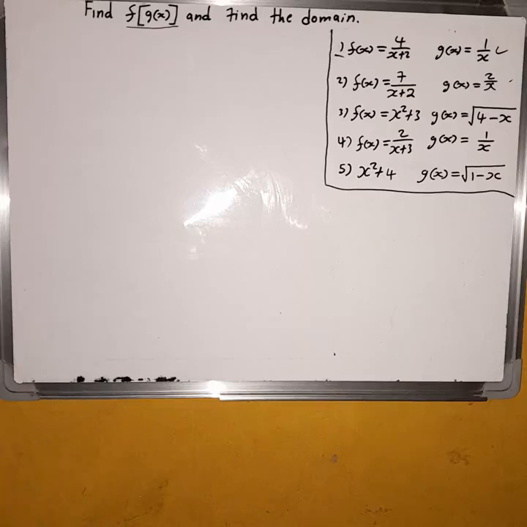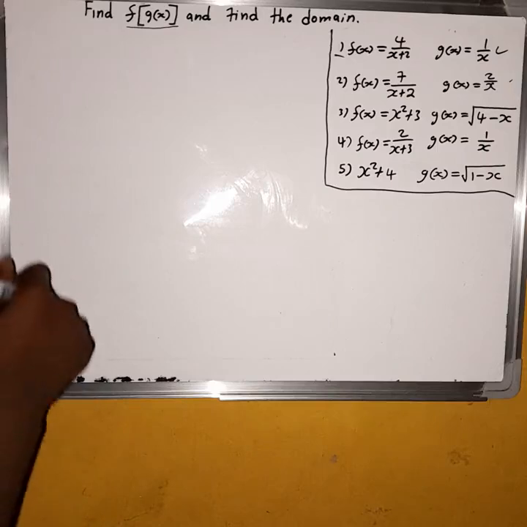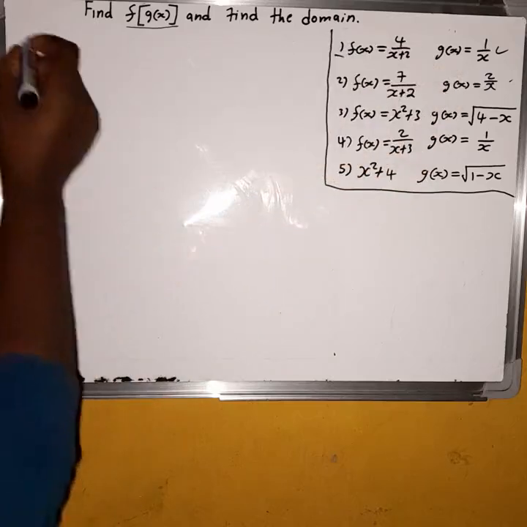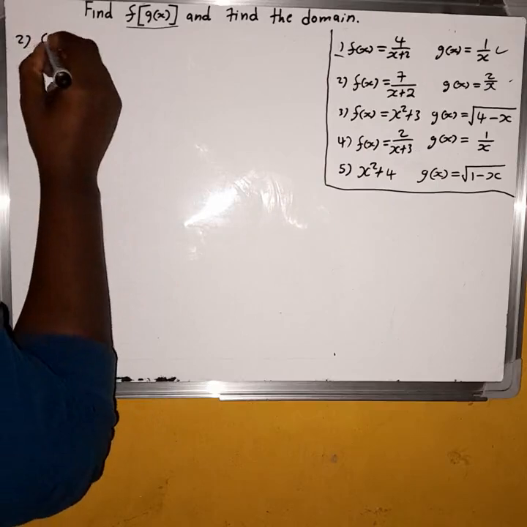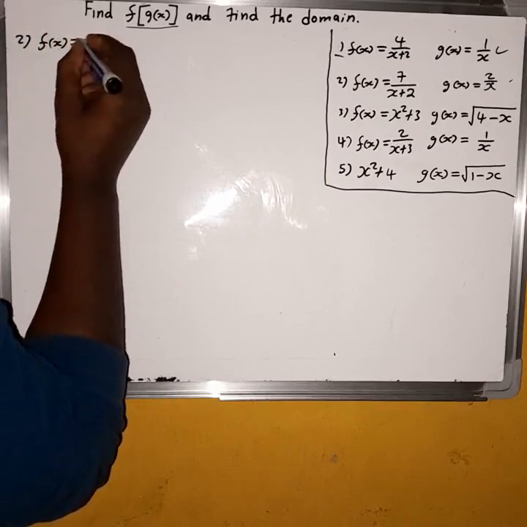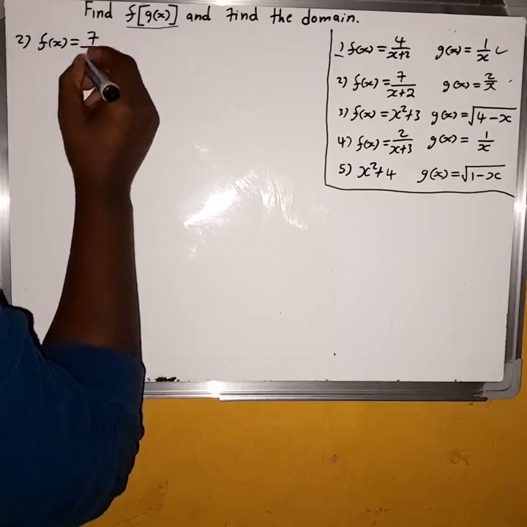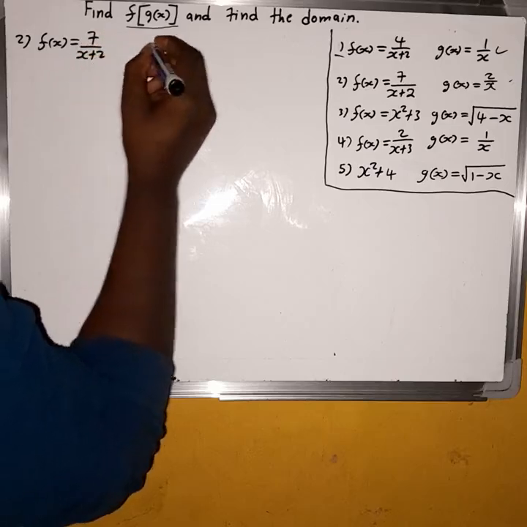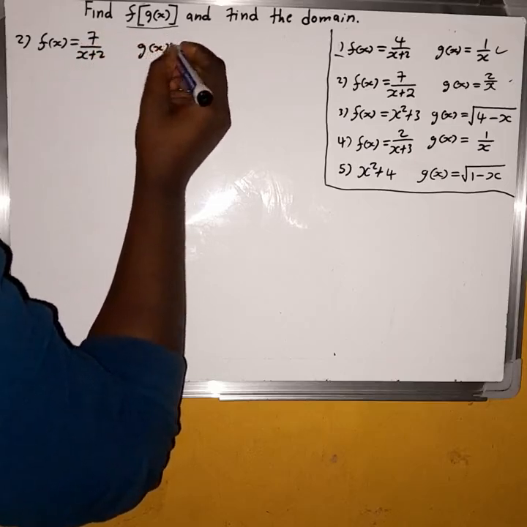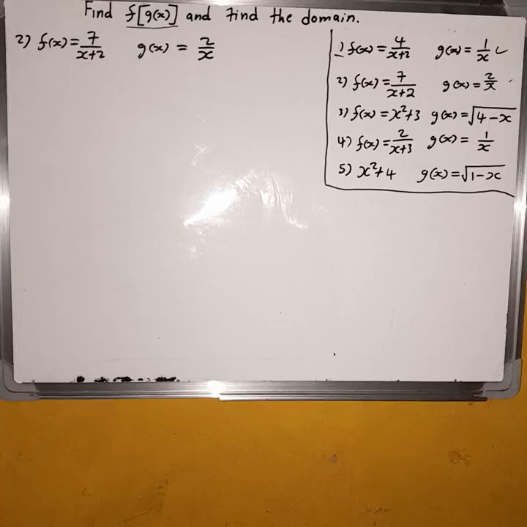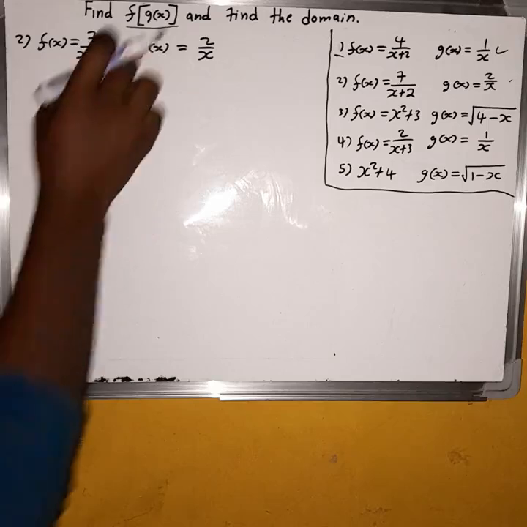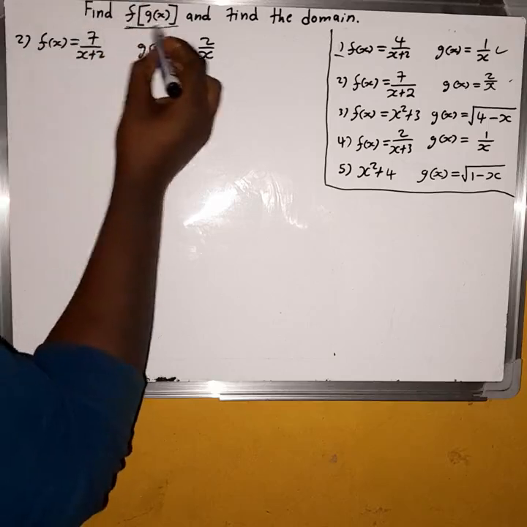That's what we have now. For number 2, we have f of x equal to 7 over x plus 2, and g of x equal to 2 over x. So first we determine this.